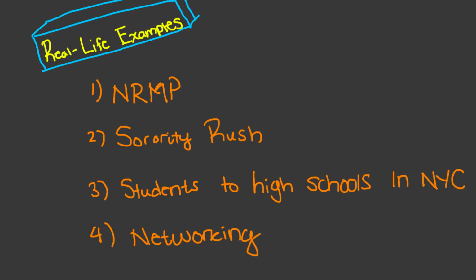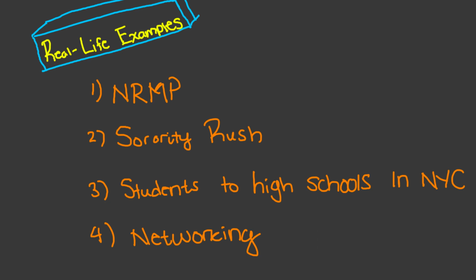Some other examples are a little bit silly, but Sorority Rush. There are actually cases in which sororities have used the stable matching algorithm to pick candidates in certain colleges to join their sorority for the best candidate.